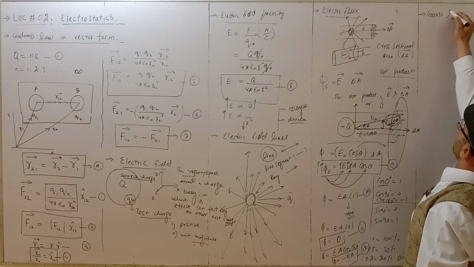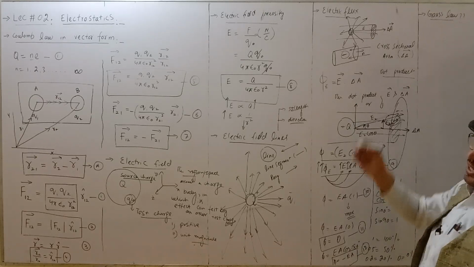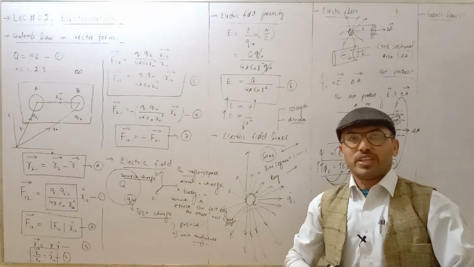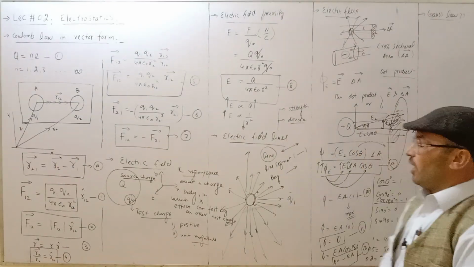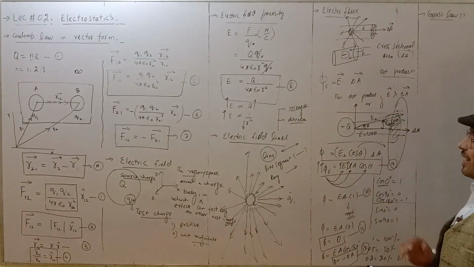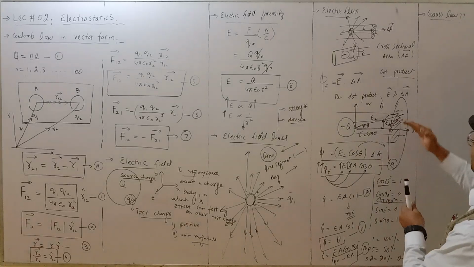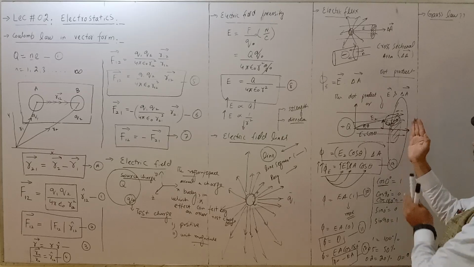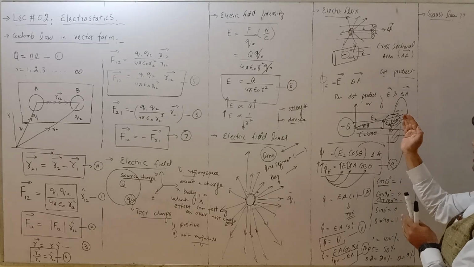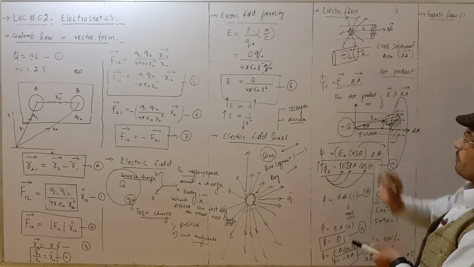what Gauss's law is. I have explained in lecture number 1 that any law is the solution of some problem, and electric flux is observed for those objects in which the cross-sectional area is a plane. If I take an area on a curved path, this formula is not applicable.